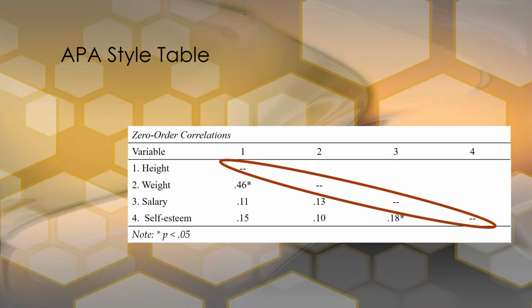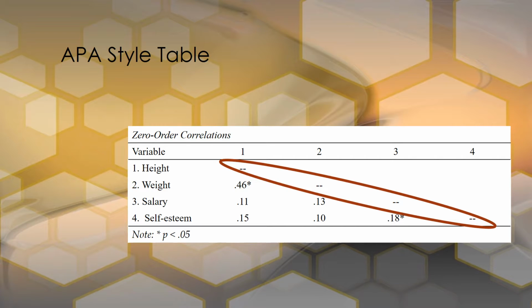And you kind of notice that there's nothing above the diagonal. And you might wonder why. So the reason is because this will just repeat the correlations that we already have. So if you did height again in the first row and then you go over to 2, that'd be weight. So the correlation between height and weight is already on there, and it's 0.46.